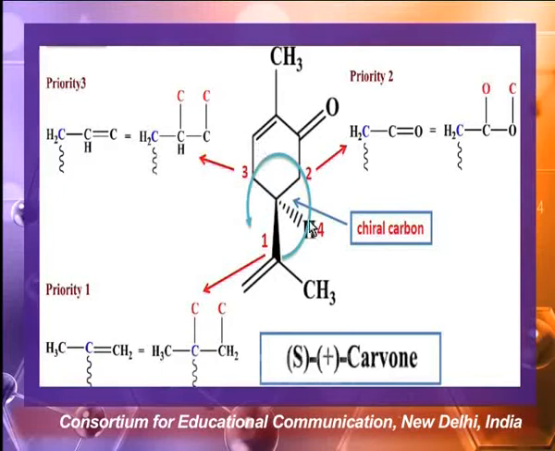So now we have to assign priority to these groups, which I have also discussed with you in great detail in my previous lectures. When we look into the priorities, we find that this group, that is CH, CH2, CH3 group, has priority number 1 on the basis of difference in atomic numbers.